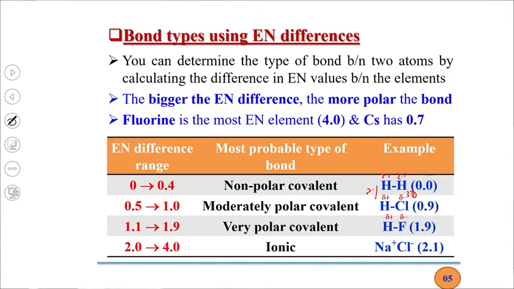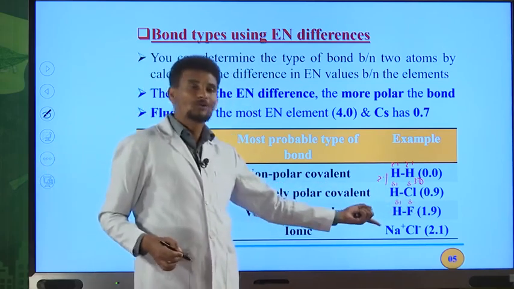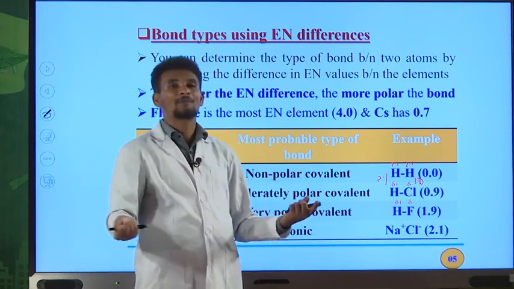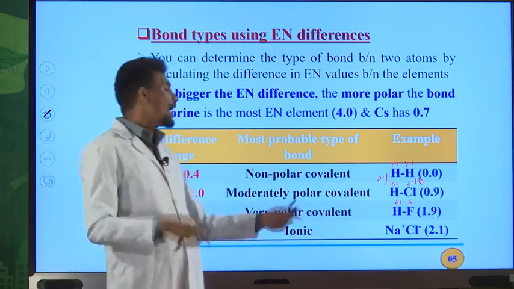This value is in the range between 0.5 and 1.0. Therefore, the bond created between hydrogen and chlorine atoms is a moderately polar covalent bond. So you can easily identify whether the bond is moderately polar, non-polar, or highly polar covalent.